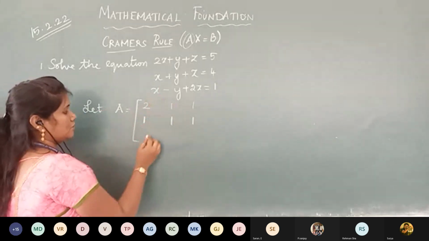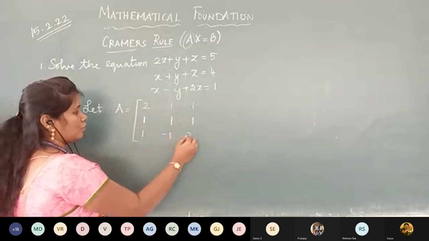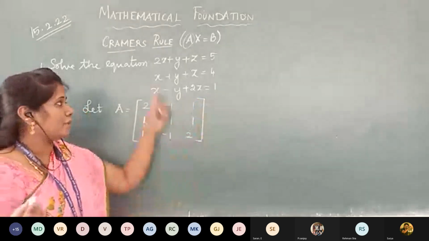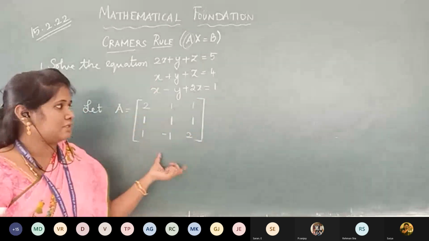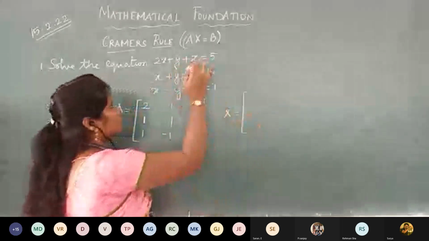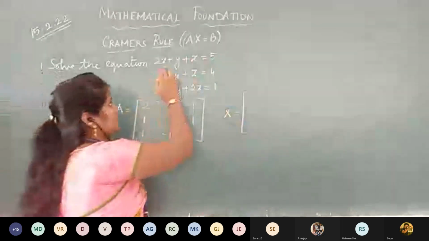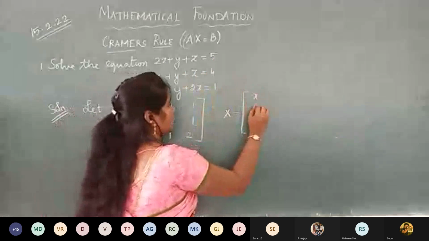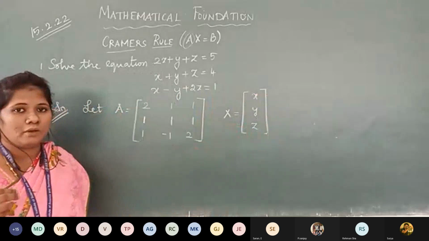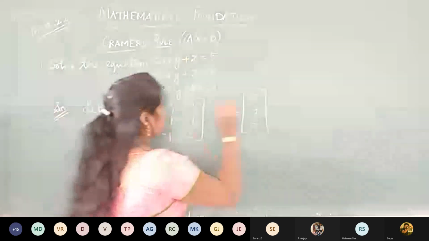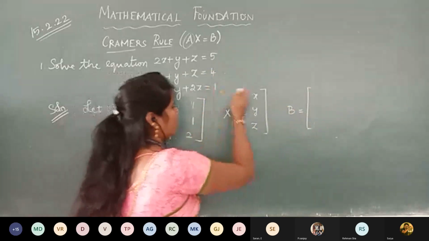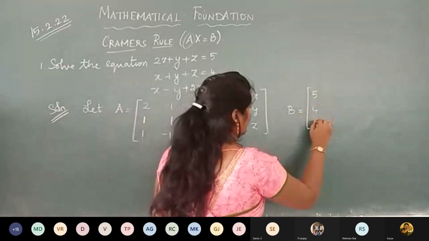The third equation will be 1, minus 1 and 2. Okay, so this is your given A matrix from the question. Then your X is x, y, and z, the variables. And your B will be the matrix on the right-hand side, so 5, 4, 1.